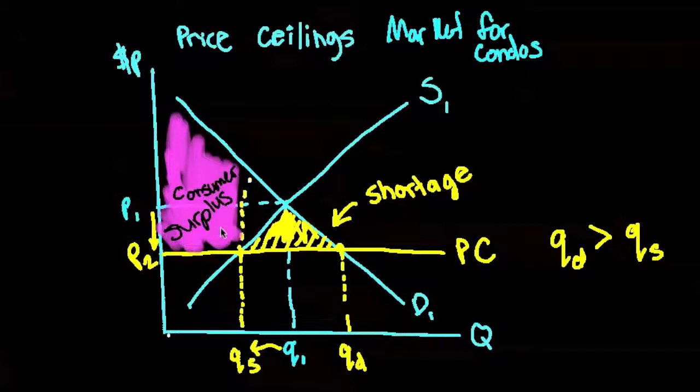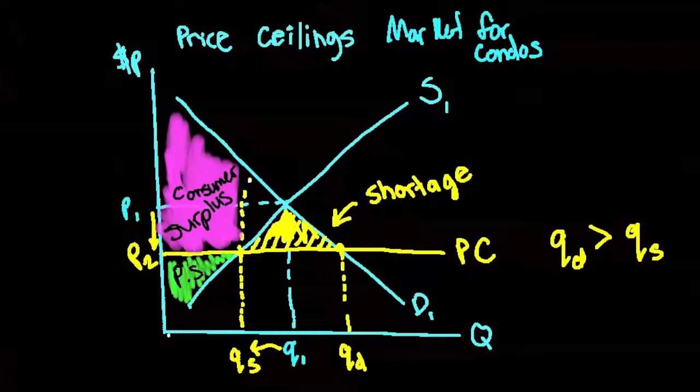So consumer surplus is what people are willing and able to pay versus what they actually pay. So a price ceiling increases consumer surplus, and what we have over here, this is producer surplus. Okay, I'm just going to put a little PS for producer surplus.